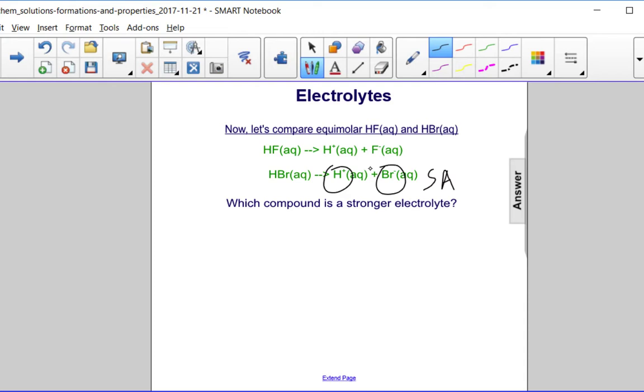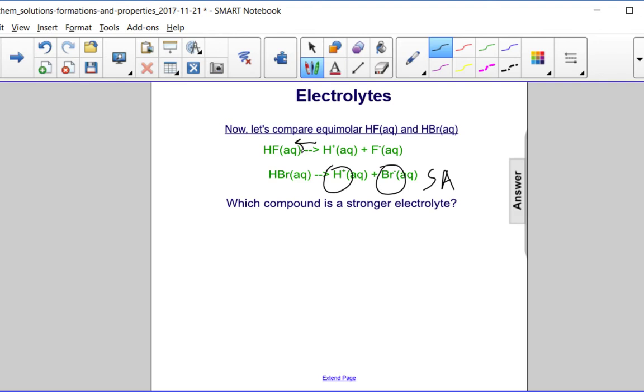HF is not a strong acid, so actually we should probably draw this as a two-directional reversible reaction where some of the acid will exist as ions, H plus and F minus, and some will exist as HF, not as ions.